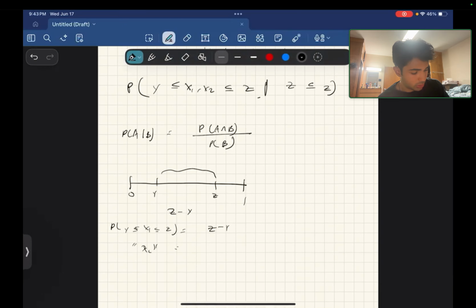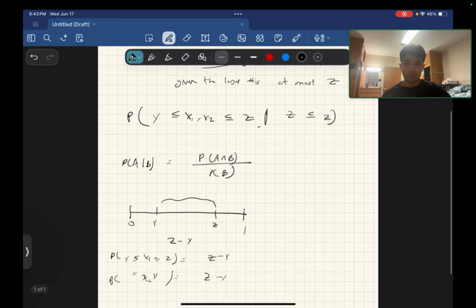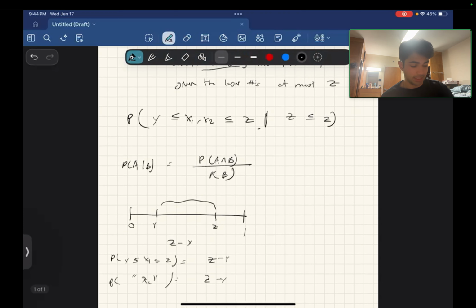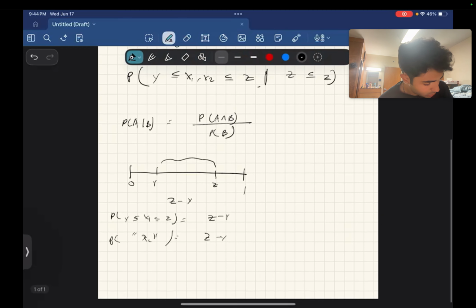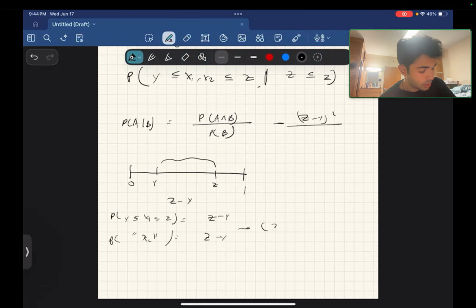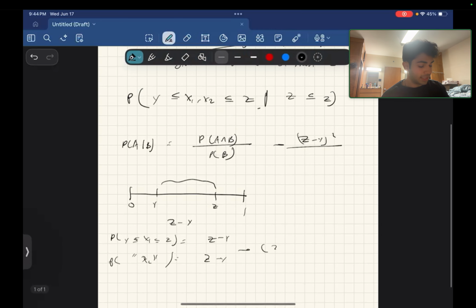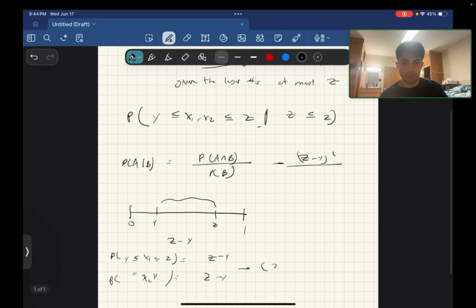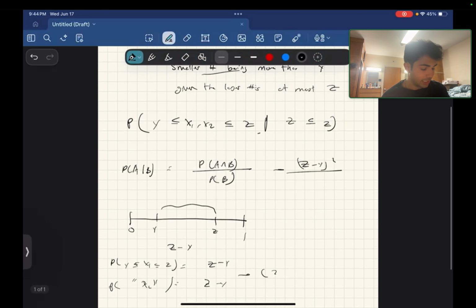And so the chance that they both are in between y and z will just be multiplying these probabilities together, and that will be z minus y squared.